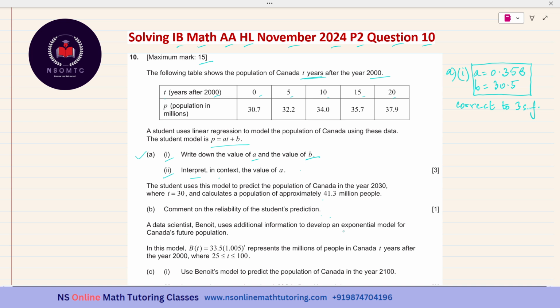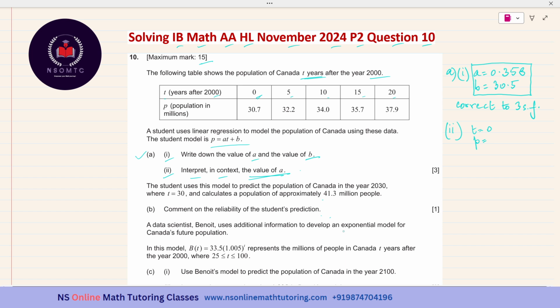Part ii says interpret in context the value of A, that is 0.358. Starting is 0. So what will be the population when T equals 0? It is P equals A times 0, which is 0.